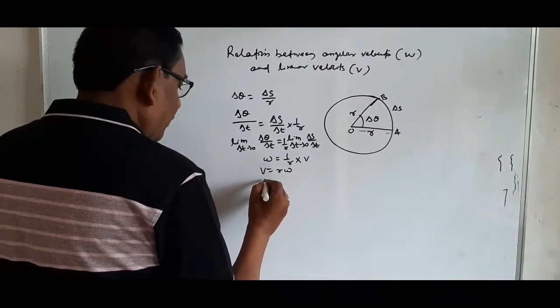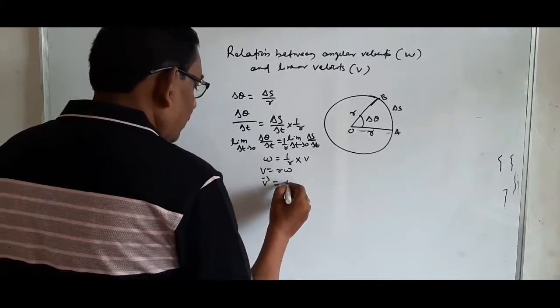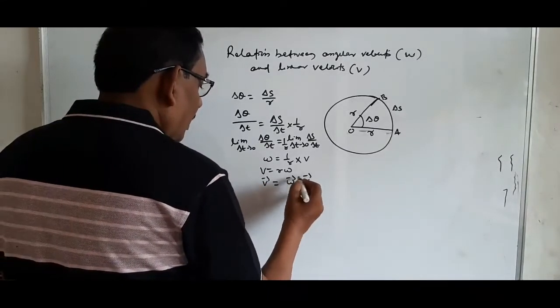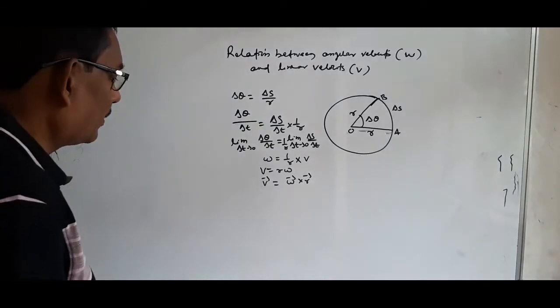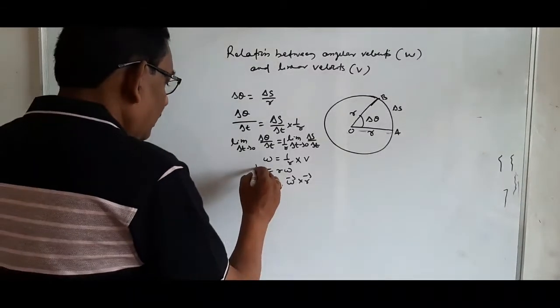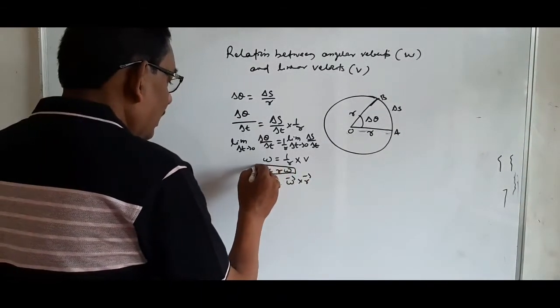In vector form, v is equal to omega cross R. So this is the relation between the linear velocity and angular velocity.